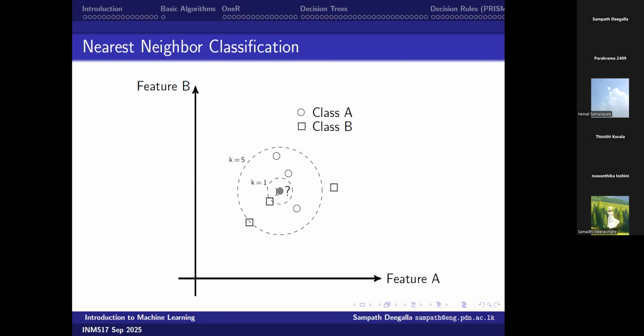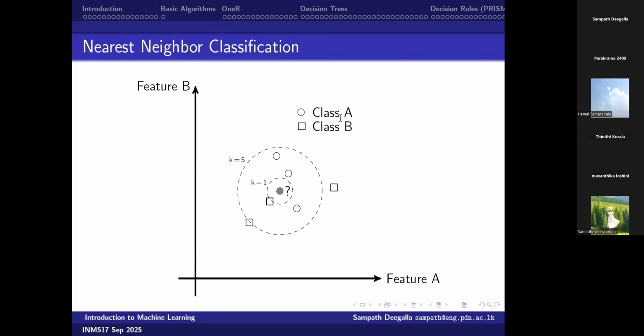You have 1, 2, 3, 4, 5 instances, and out of 5, you can see 3 circles, which is the majority, so the final output will be class A. This is exactly the idea: when you get a new instance and want to identify it, you calculate the distance from the test instance to all the other instances in the dataset.